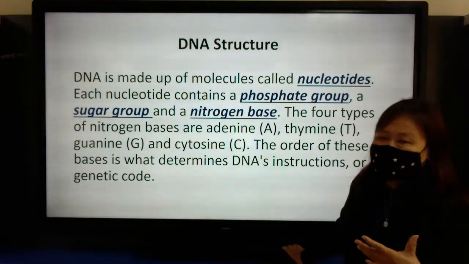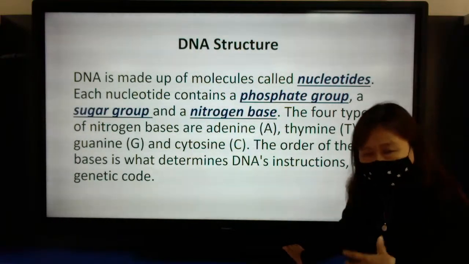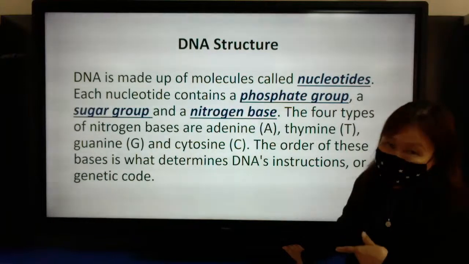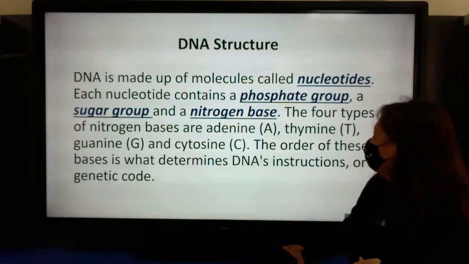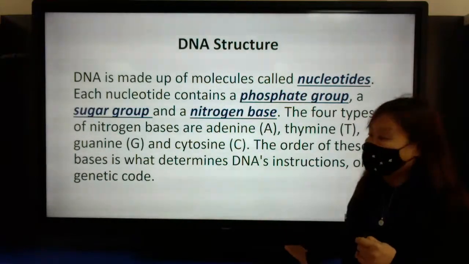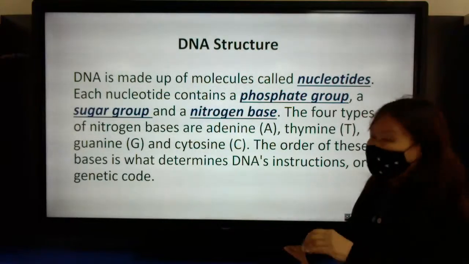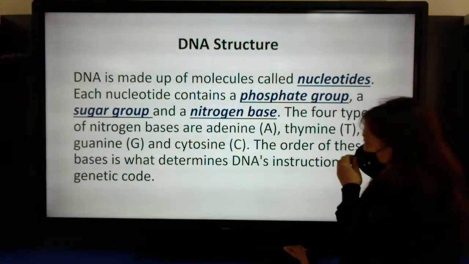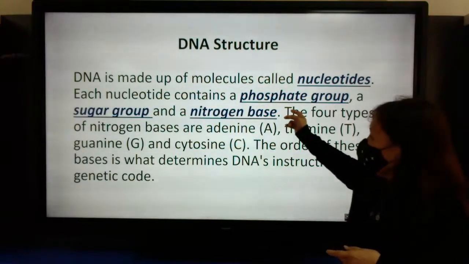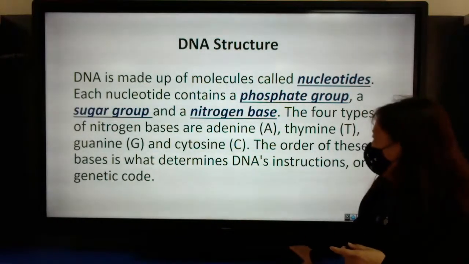We have head, we have arms, we have legs, we have eyes, we have different body parts. The DNA molecules also have parts. So what are these? We have the nucleotide. And each nucleotide is made up of three things. We have the phosphate group, sugar, and the nitrogen base.